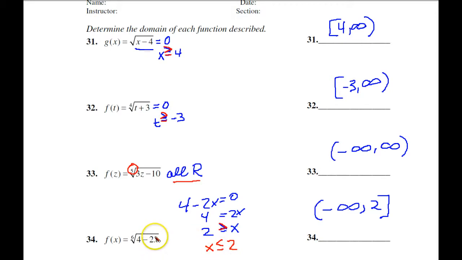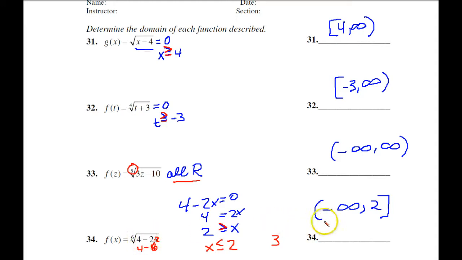So if x is 2, we get 4 minus 4. Now if x were 3, that would be larger than that. And we put the 3 in there for the x. -2 times 3 would give us a -6. So any number larger than 2 is going to make this, because of the negative sign there, a negative value.